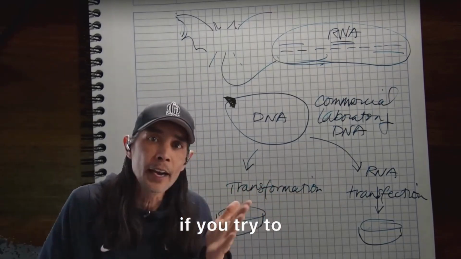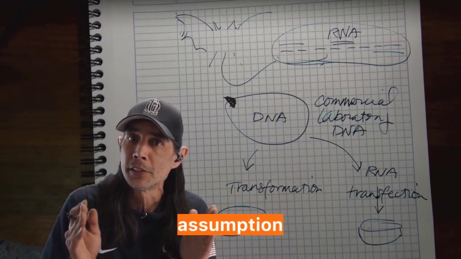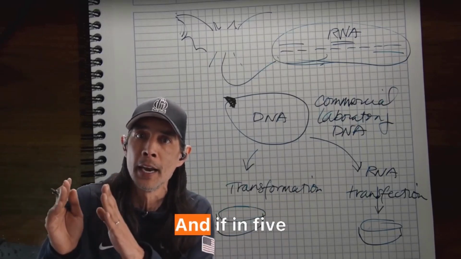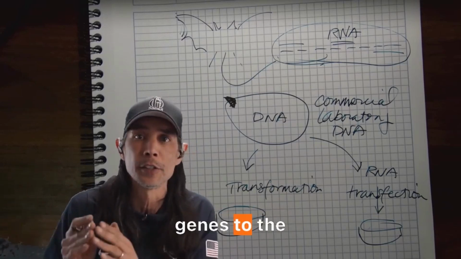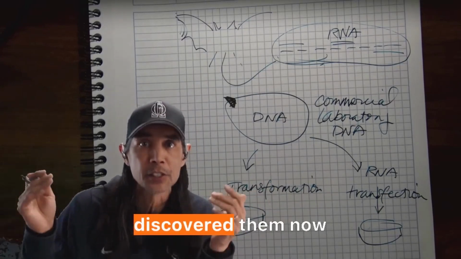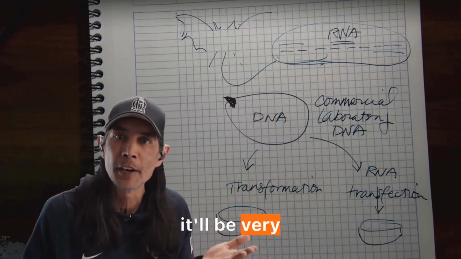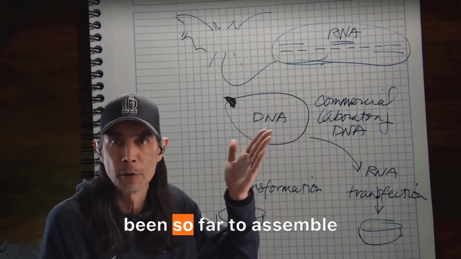I mean, if you try to trace this all the way back, there's just really assumption after assumption after assumption. And if in 5 years they have added 5 more genes to the coronavirus genome because they discovered them now, it'll be very dubious, just like this has been so far to assemble.